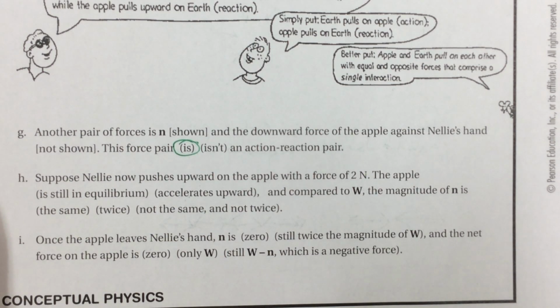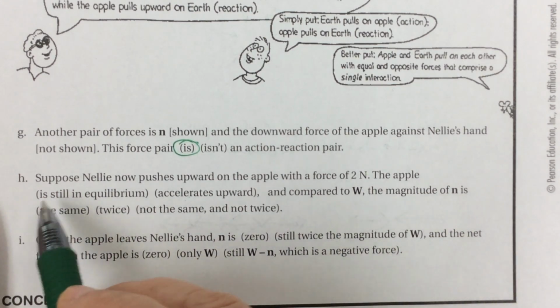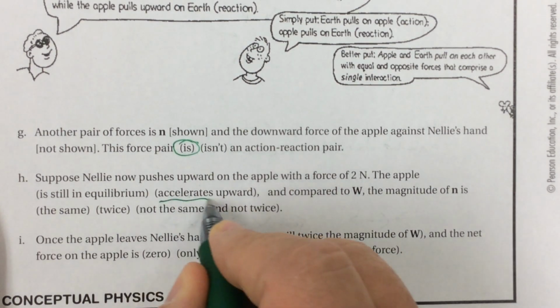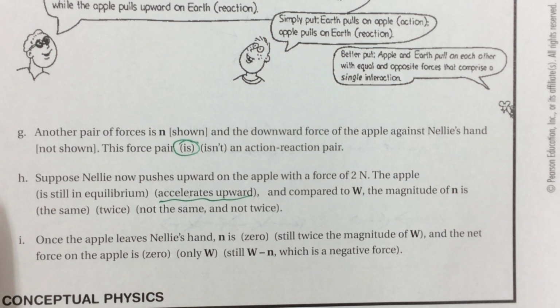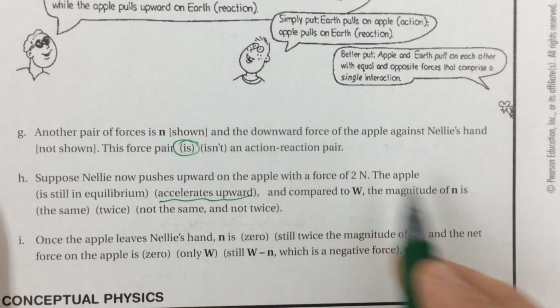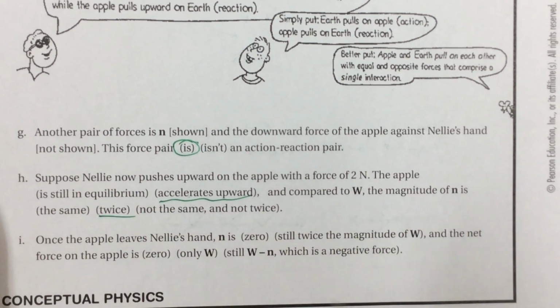So is it still in equilibrium, or is it accelerating? If you have a net force on an object, it accelerates. And since you're putting that force upward, it'll accelerate upward. And compared to W, the magnitude of N, if it's 2 newtons, has to be twice. That's obvious.